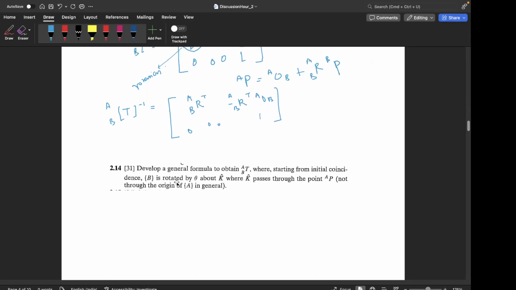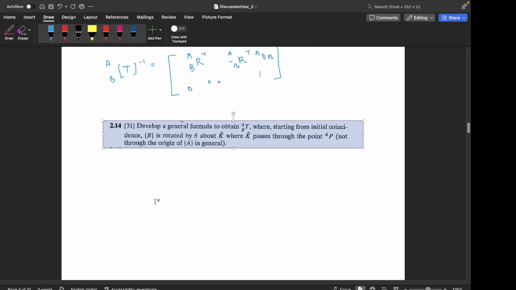So the question says: develop a general formula to obtain the transformation from B to A, where starting from initial coincidence, B is rotated by theta about k. K is again that general axis that we discussed, where k passes through the point PA, not through the origin of A in general. Right.